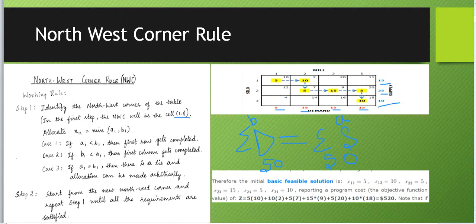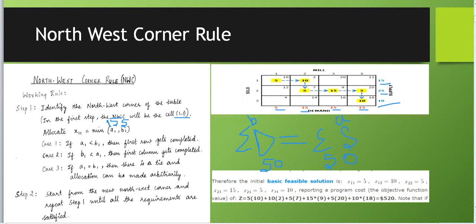The demand value for my first cell is 5, represented by B, and my supply value is 15. Among these, which is minimum? Obviously the minimum is 5. So I allocate 5 to my cell 1 1.